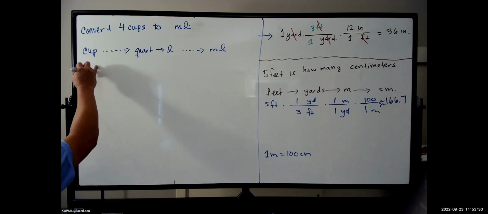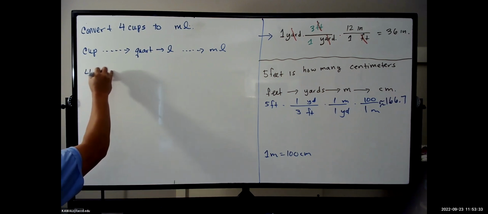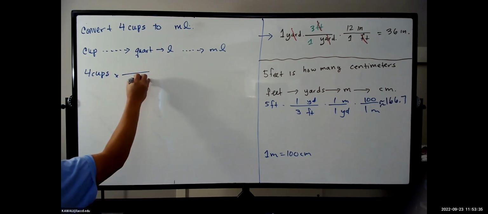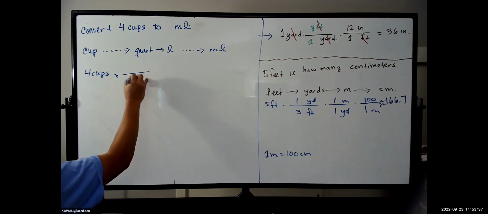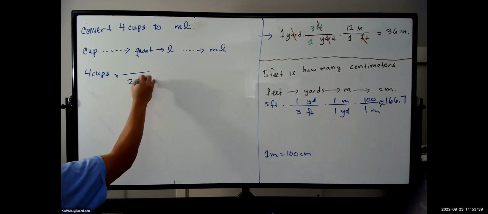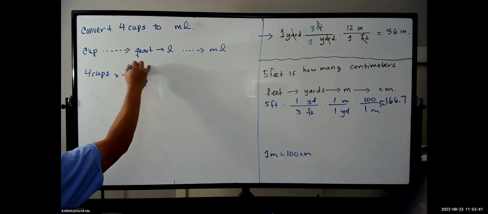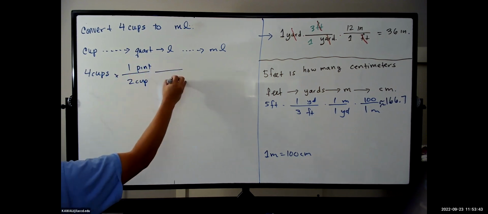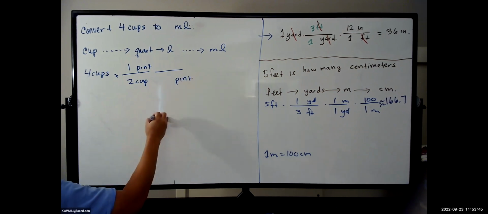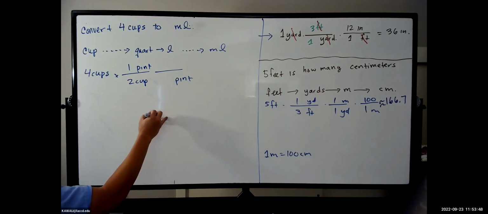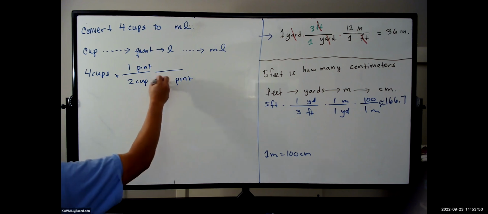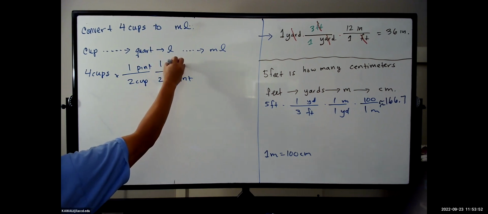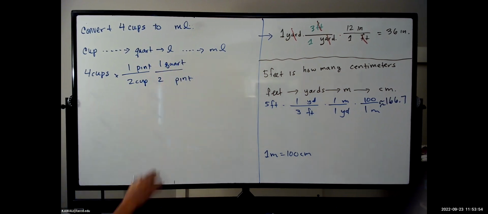Okay. So I have 4 cups, and then I have 2 cups is 1 pint. And then 2 pints is 1 quart. Okay, now keep it going.